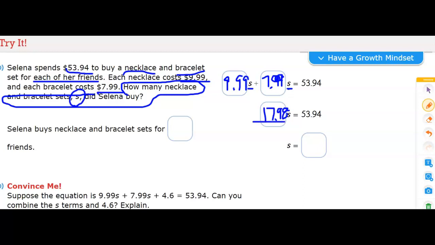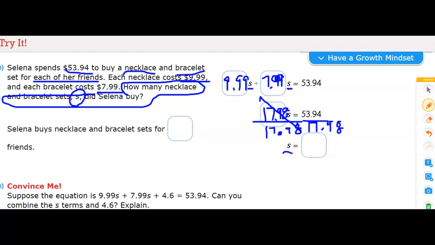We're going to divide by $17.98 on both sides of my equation so that the S will be by itself. So $17.98 divided by $17.98 is going to equal S. So we're left with S on the left side of the equation.